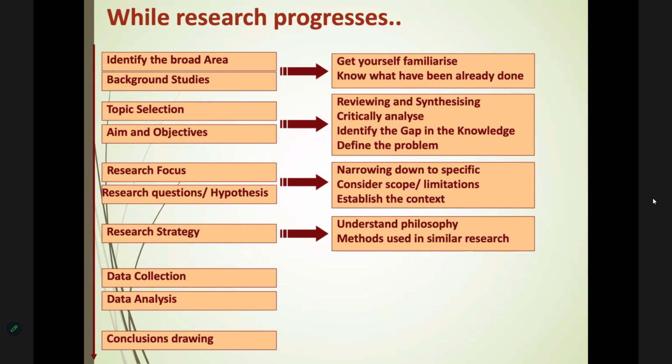You don't only study the subject area, you also study the process, the methodology used by other researchers to address the problem. So you can use a similar methodology, and you can use that as a justification for your methodology selection, right? Even for the methodology, you need to understand the overall philosophy and what methods are used in similar research. Without reading the literature, this is not going to be possible, right?